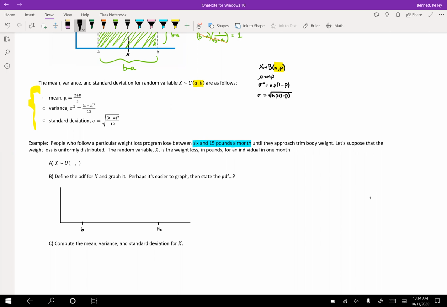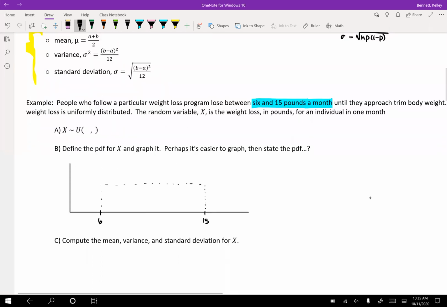My PDF is going to look something like this. It's always a rectangle at a fixed height. So when I'm answering these questions for part A, I know that this is my A and this is my B. So I'm going to have 6 and 15 in my parentheses when I'm using this distribution notation here. Okay, so that has been done.